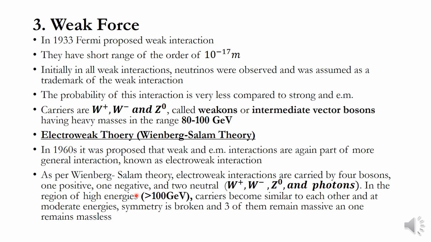In the region of high energies, that is energy greater than 100 GeV, these carriers become similar to each other, and at moderate energies this similarity is broken and 3 of them remain massive and the other one remains massless. That is, the W plus, the W minus and the Z0, the weak-ons, remain massive and the photon becomes massless.